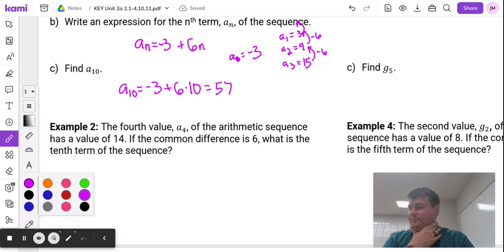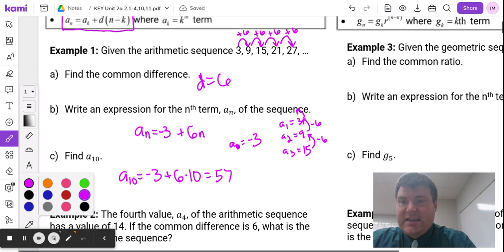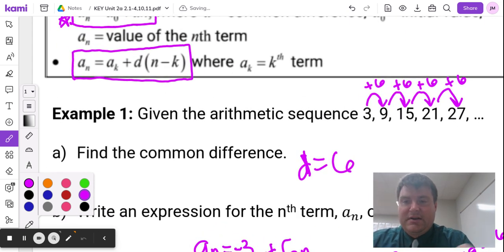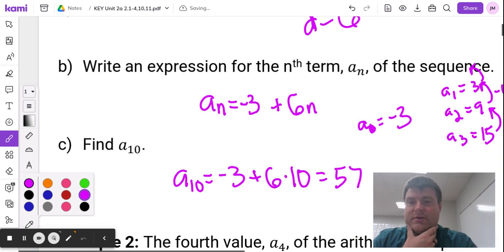Example 2. The fourth value, a sub 4, of an arithmetic sequence is 14. The common difference is 6. What is the 10th term of the sequence? Because I have the fourth value, I'm going to use the bottom formula.